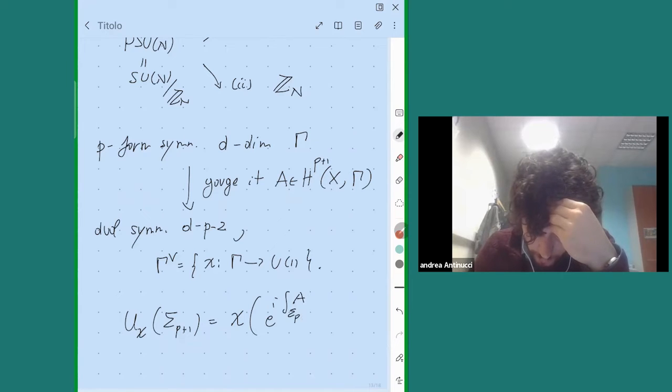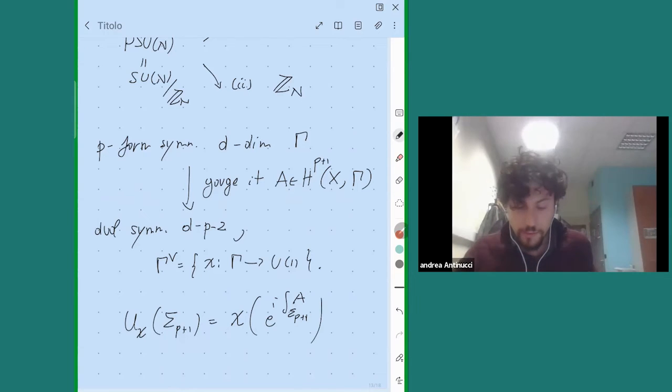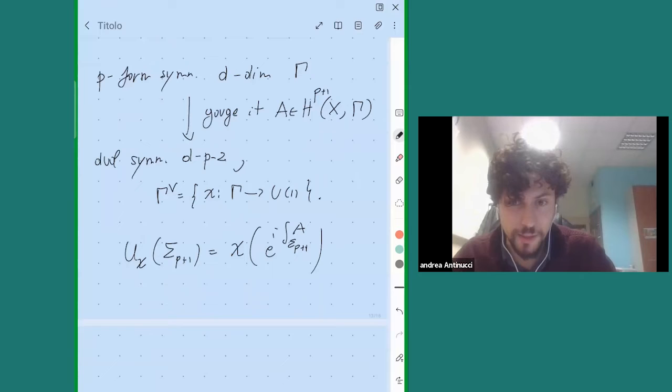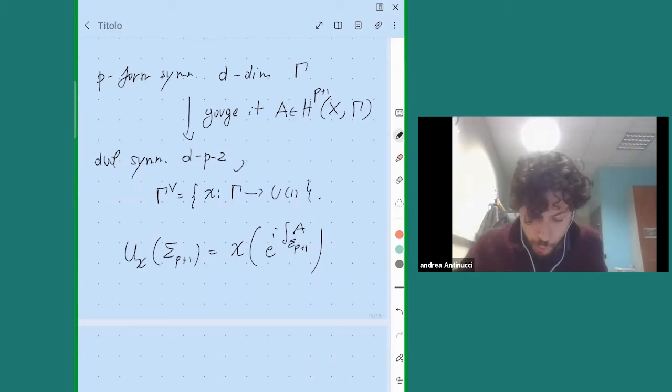You have this additional gauge field, and you can construct holonomies for it. But since this gauge field is discrete, this is a topological operator, labeled by the characters of the symmetry group that you're gauging. And you will notice that the degree is d-p-2.